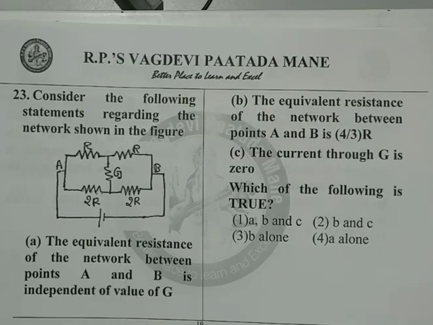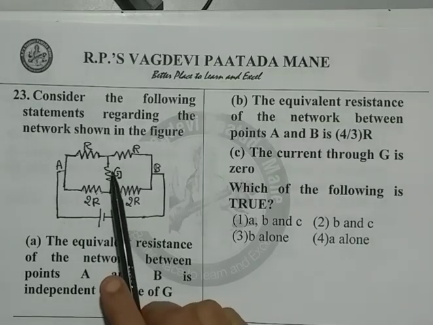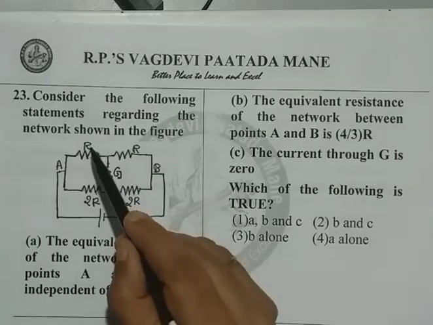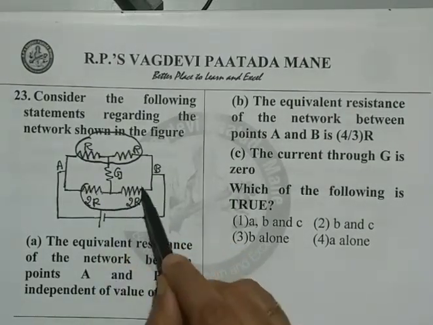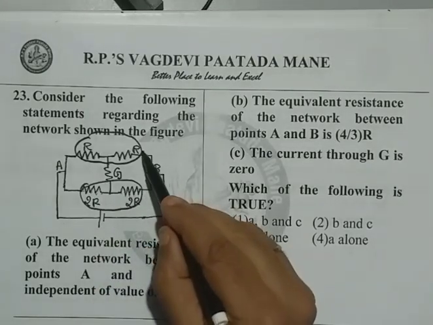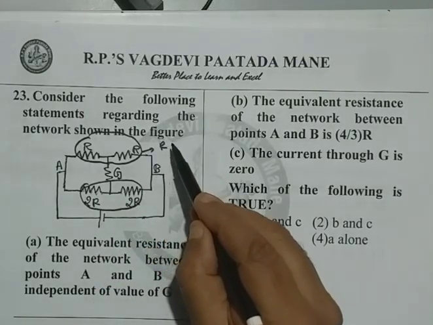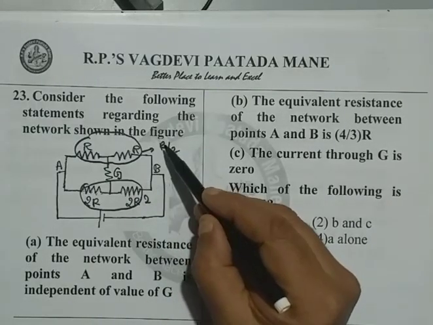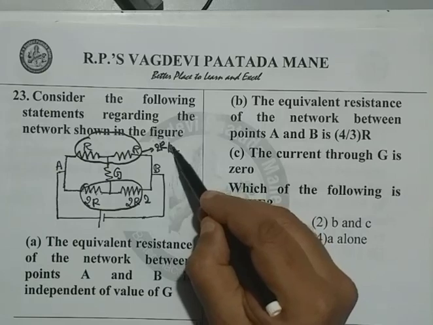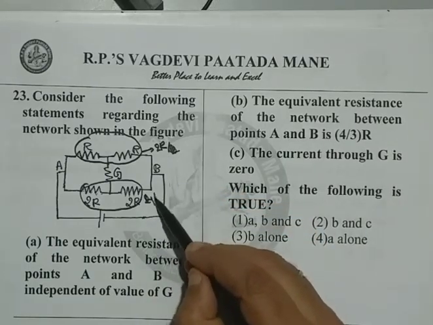Now going for the B, equivalent resistance of the network between A and B is 4 by 3. We just check. As it is balanced Wheatstone network, we can remove the G there. These two will become in series and these two will be in the series. Therefore, this will amount to be 2R and this is 4R.